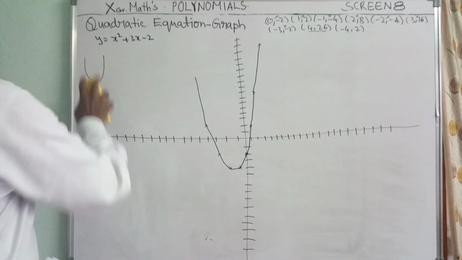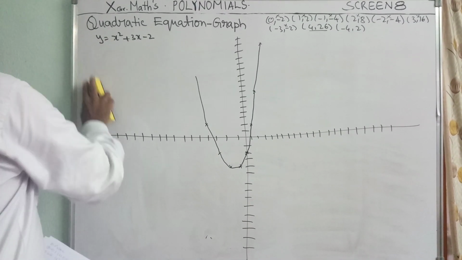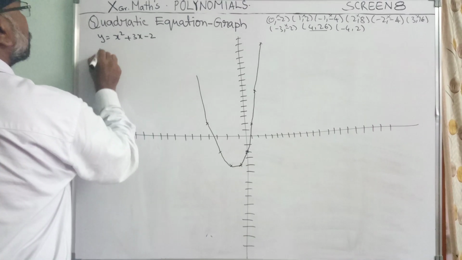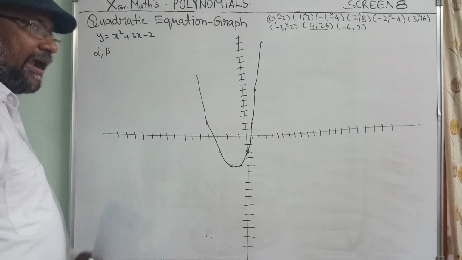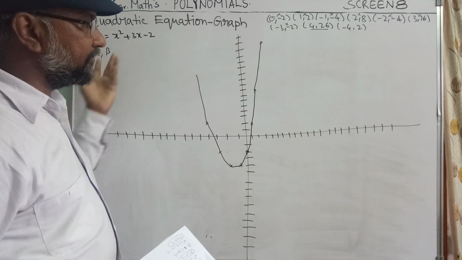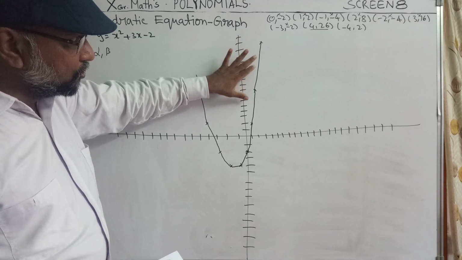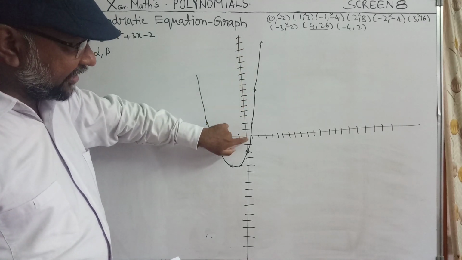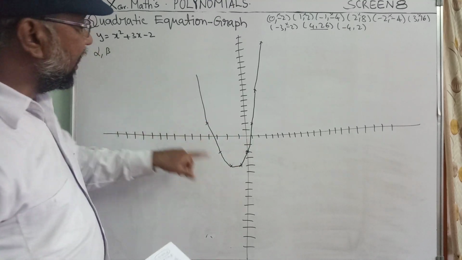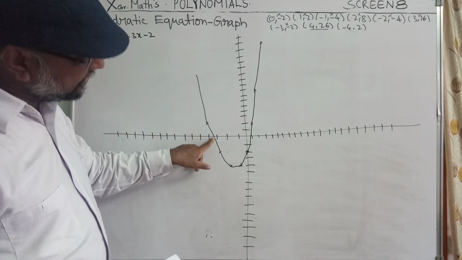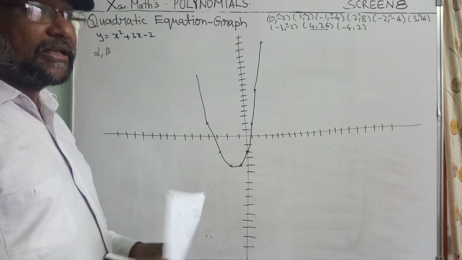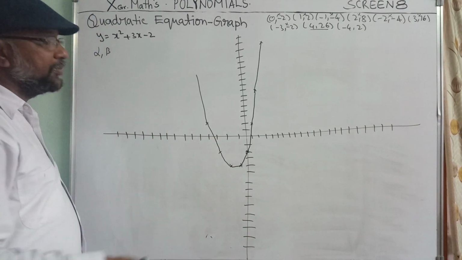If it is a quadratic equation, we can have two roots. I already explained the two roots, alpha and beta, and the solution. These two are called the solutions of the quadratic equation. This U-shaped curve, where it touches the x-axis, that one could be alpha, and where it touches the x-axis another time on return, that could be the other root, that is maybe beta.